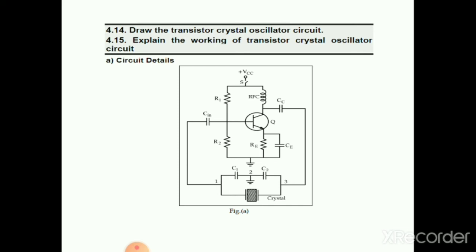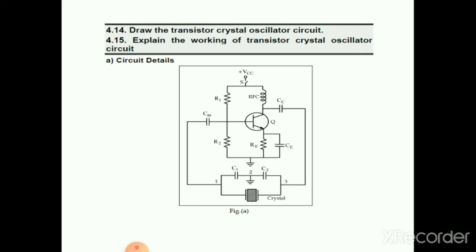So now moving on to the circuit of the crystal oscillator. Observe the circuit. It is similar to the Hartley and Colpitts oscillator, but the only difference is in the feedback, that is the tank circuit, where the inductor is replaced by the crystal. But not only the inductor, the equivalent electrical circuit of the crystal should be redrawn here.